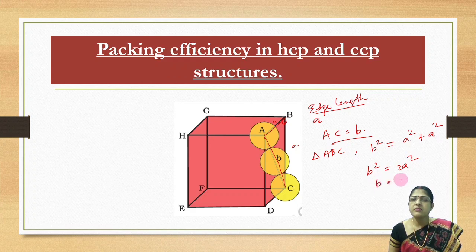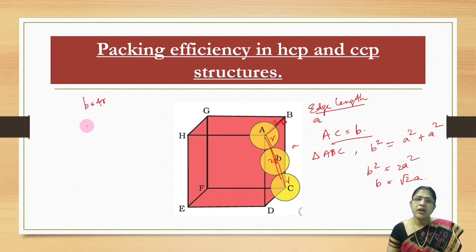So B is equal to root 2A. Then this B here, this is 2R and this is R, so B is equal to 4R.